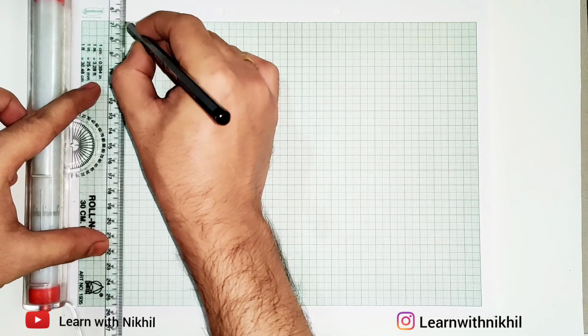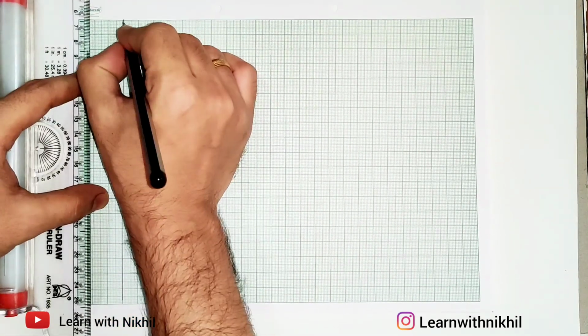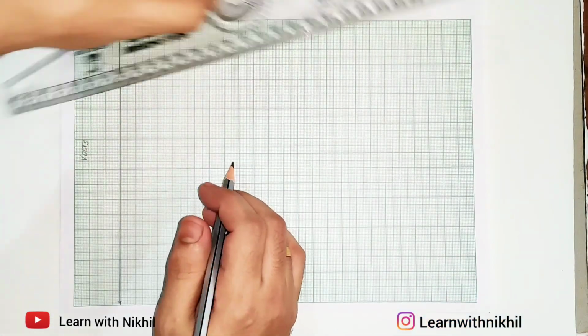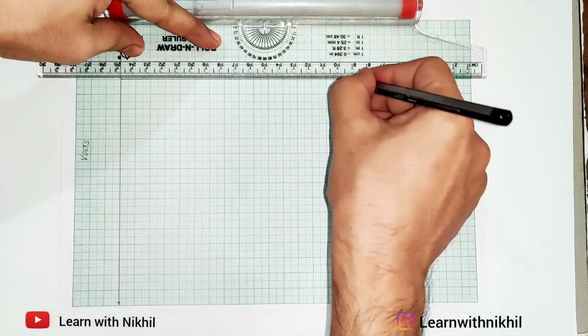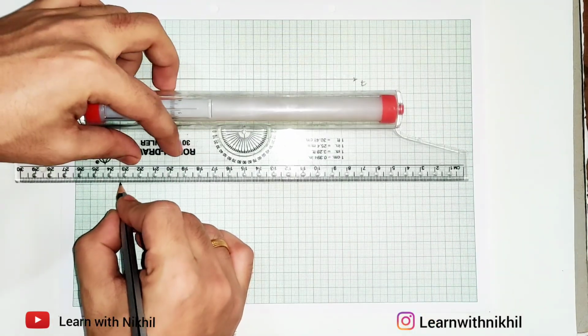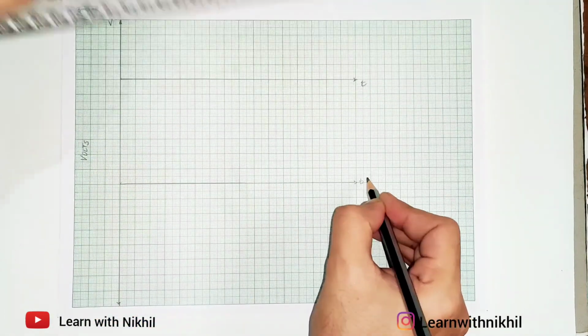Now to draw the graph for the combinational clipper, the y-axis will be voltage, and the x-axis will be frequency or time. Here we'll draw the input signal, and here we'll draw the output signal.